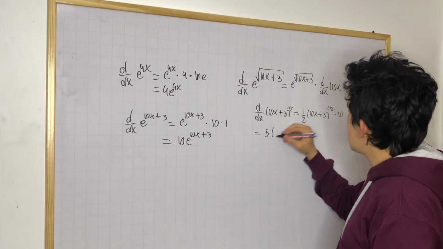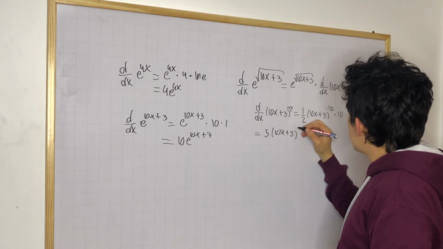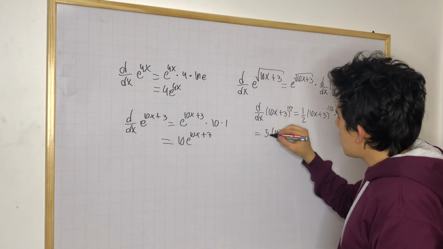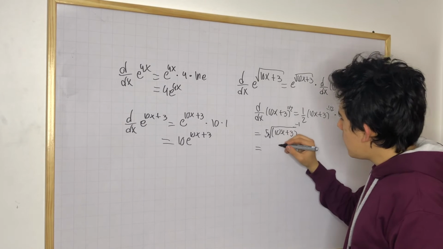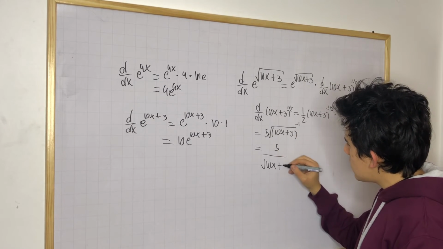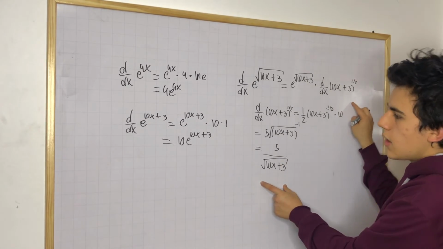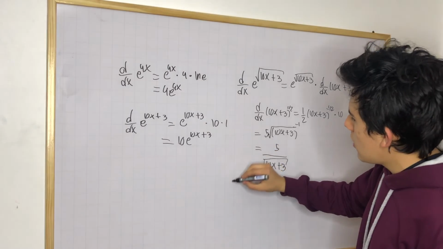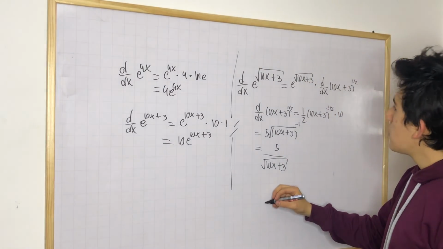We have 5 times 10x plus 3 to the negative 1/2, and this is just simply going to be 5 over the square root of 10x plus 3. Now this is the derivative for this side. And now let's complete the multiplication. So I'm going to make a little line over here, and we're going to continue down here.